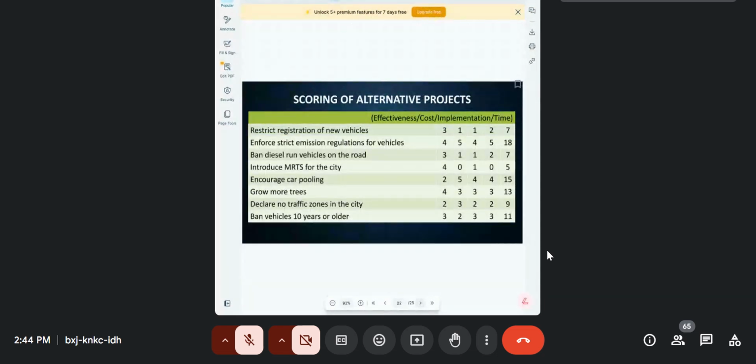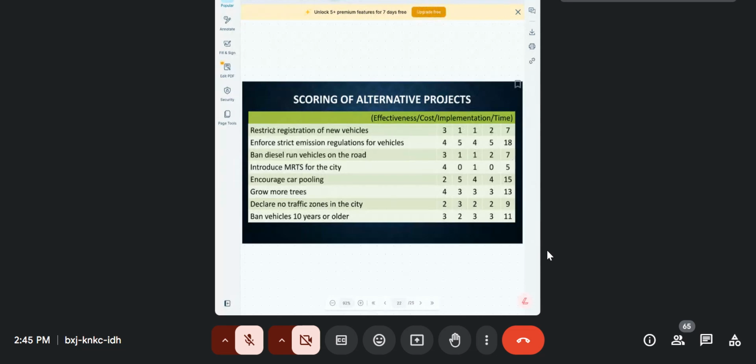So based on that, we can now draw the list of how the project will be scored. The first column would be effectiveness, then cost, implementation, time, then total.